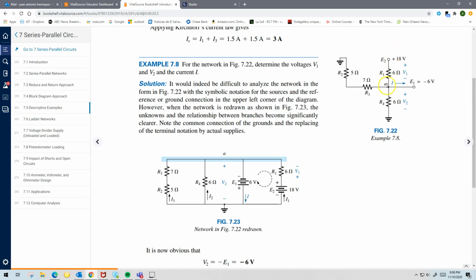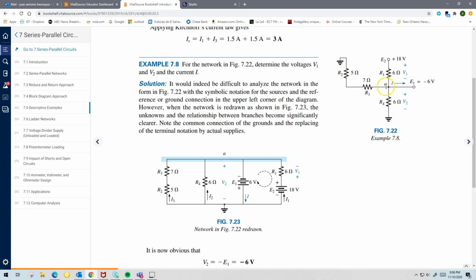This part of node A is connected to one side of the resistance R4, and the other side of the resistance is grounded. And this side of node A is connected to resistor R3, which is in series with R5, which is then grounded.